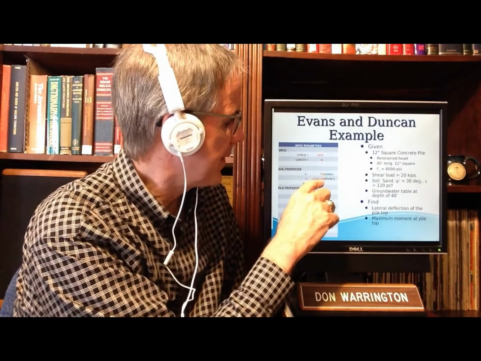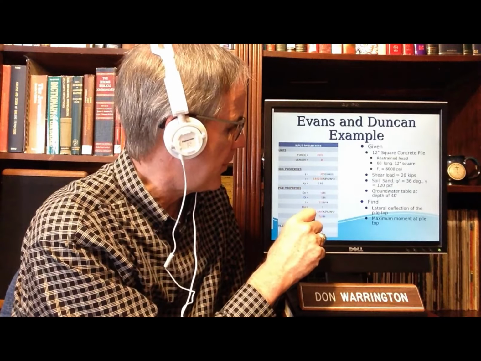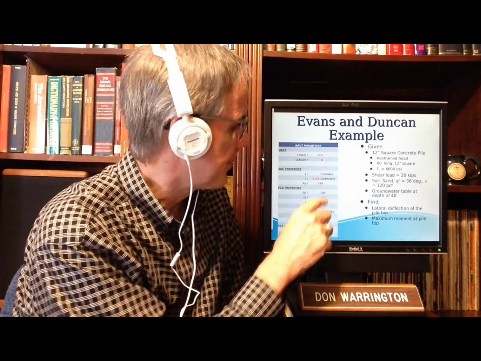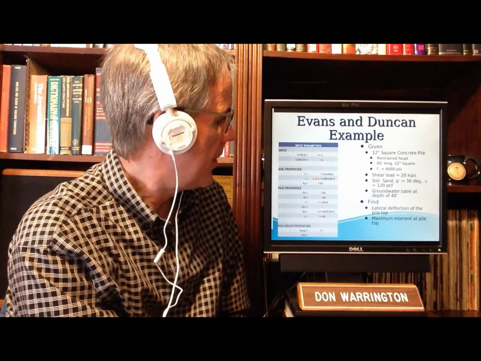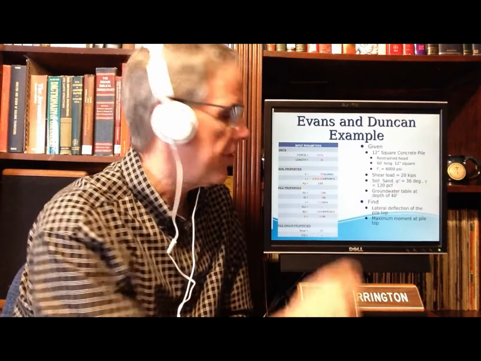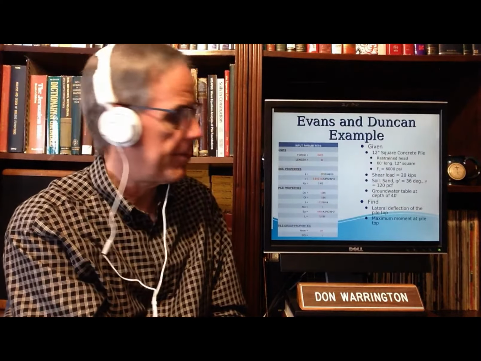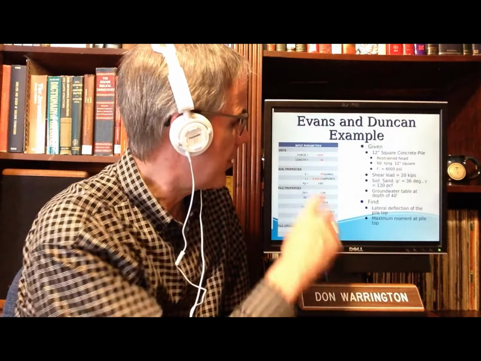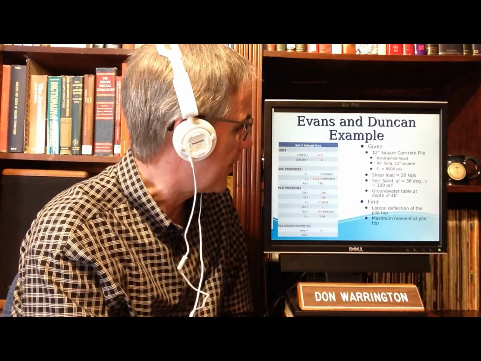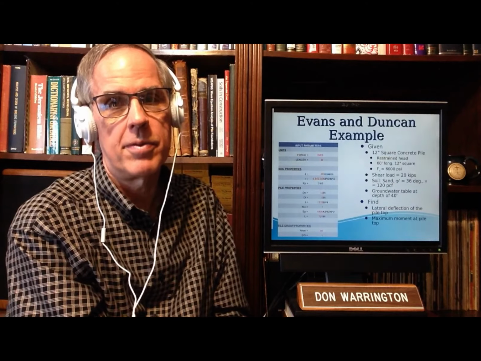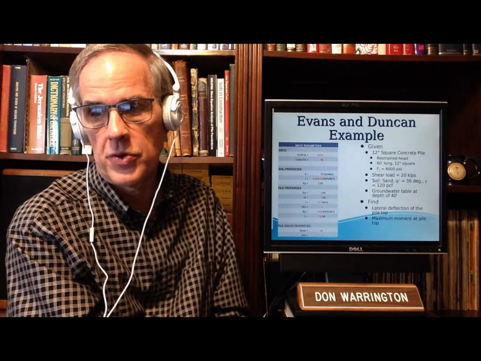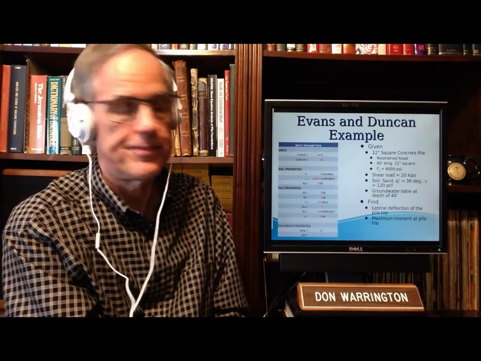The thing that trips many students up is this: if you have inches, then the gamma has to be in inches, and frequently that doesn't happen. You see that the figure is 6.94 times 10 to the minus 5 kips per cubic inch, which is a pretty low number, but it's equivalent to the 120 PCF.